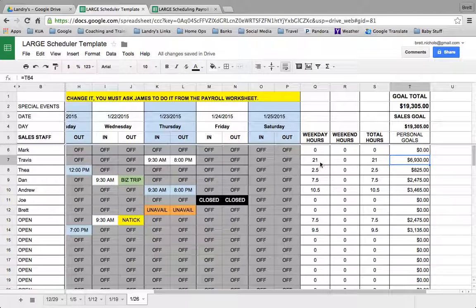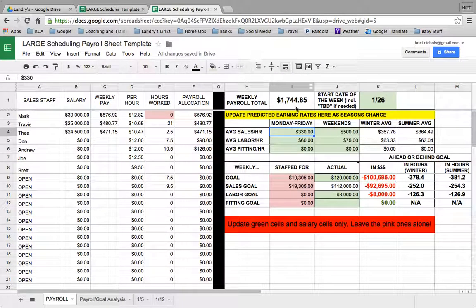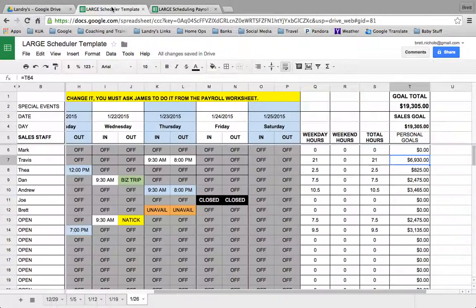Based on the hours he's working during the week and during the weekend, his sales goal for the week is to sell $6,930. If it's the winter and I change this to 250 and 350, and I look over here and give it a minute to refresh, this number is going to be lower, maybe somewhere in the 5,000s.